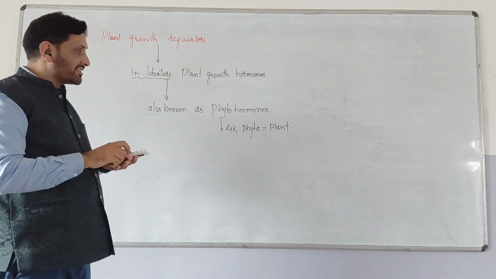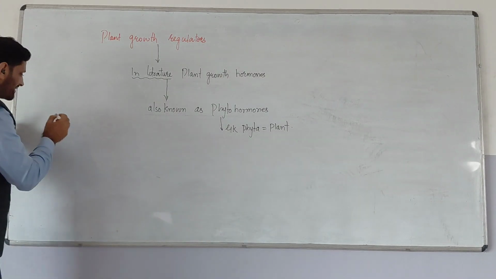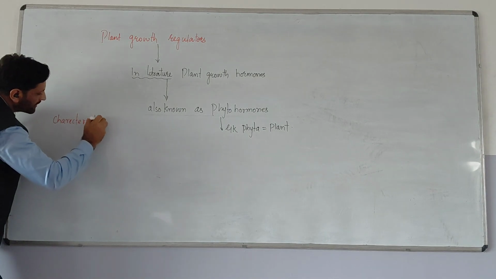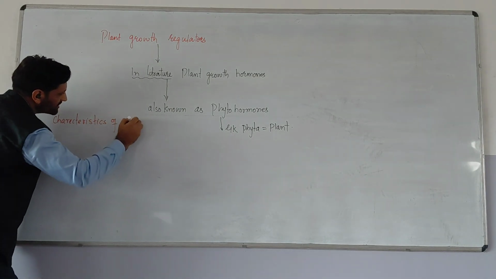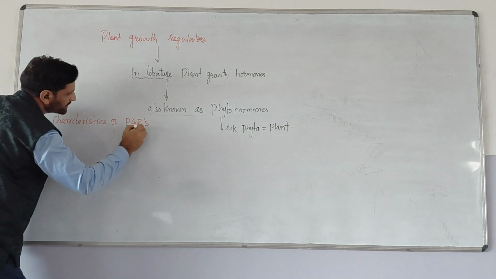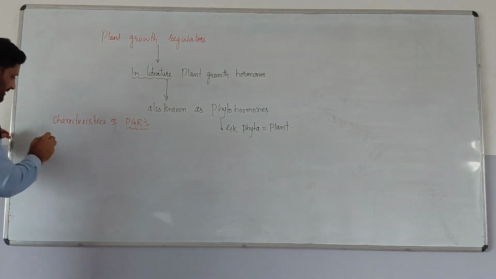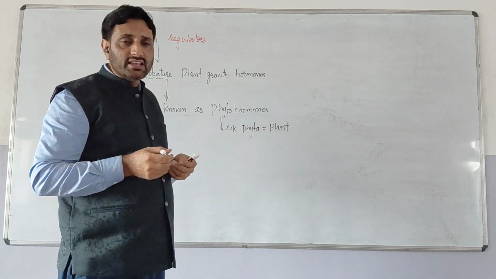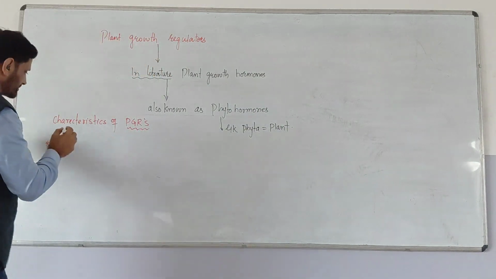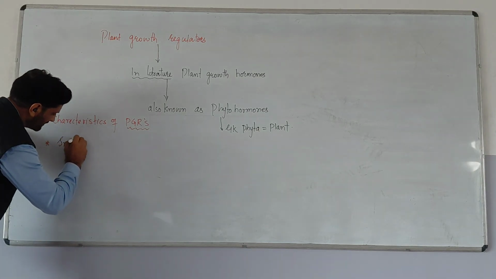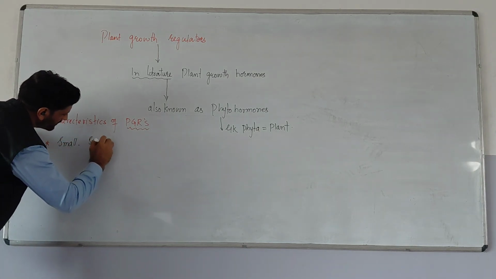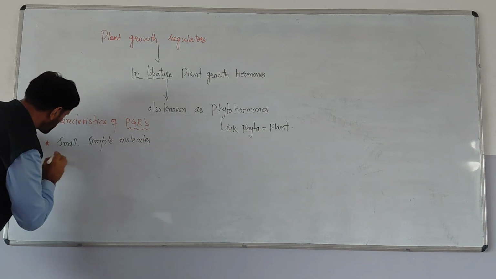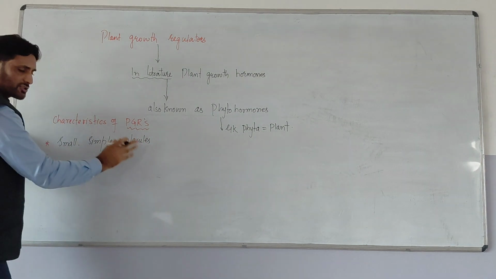So let us discuss the characteristics of these plant growth hormones. Characteristics of PGRs. PGR means plant growth regulators. The first thing I may mention here, these plant growth regulators are small, simple molecules.